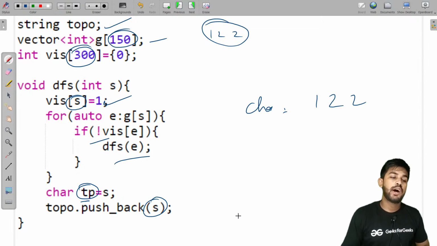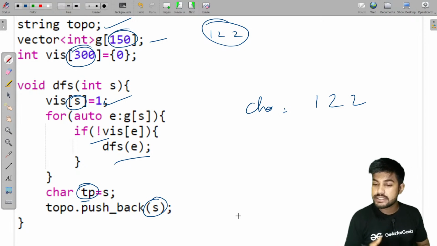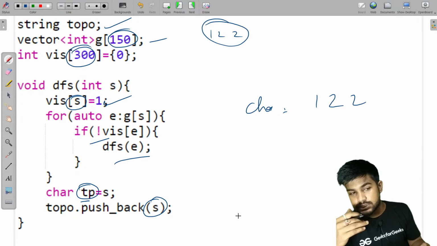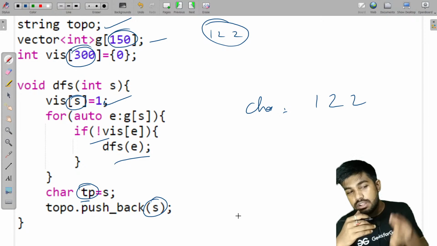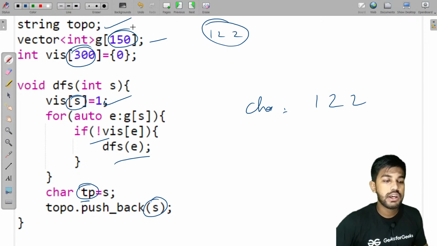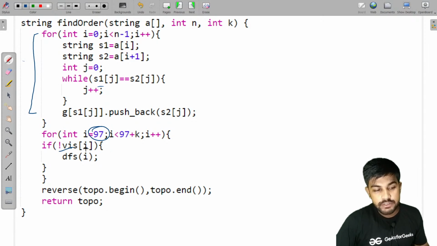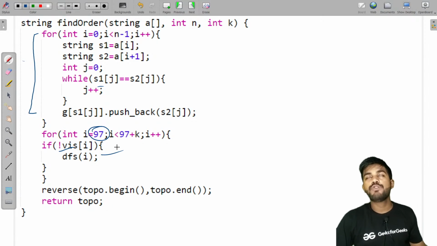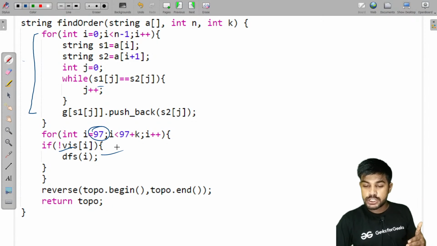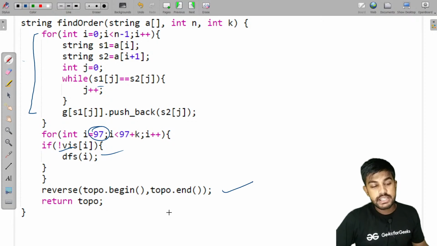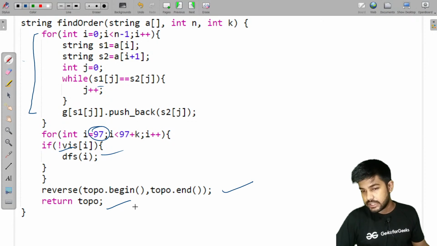Okay, now we are doing this, and this would give us the topological ordering in reverse order. Okay, so now we are doing the same thing. We have given the characters, so we are visiting every character. If that is not visited, we are visiting it, and now we would have a reverse ordering of topological sort. So we are reversing it and then we are returning it.